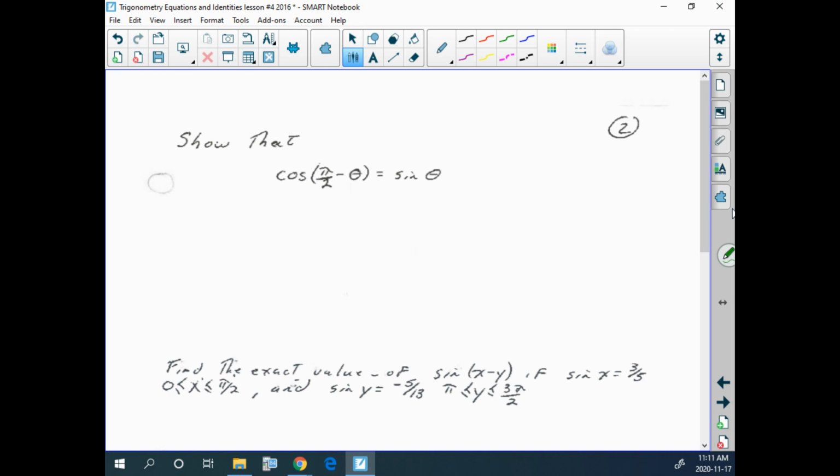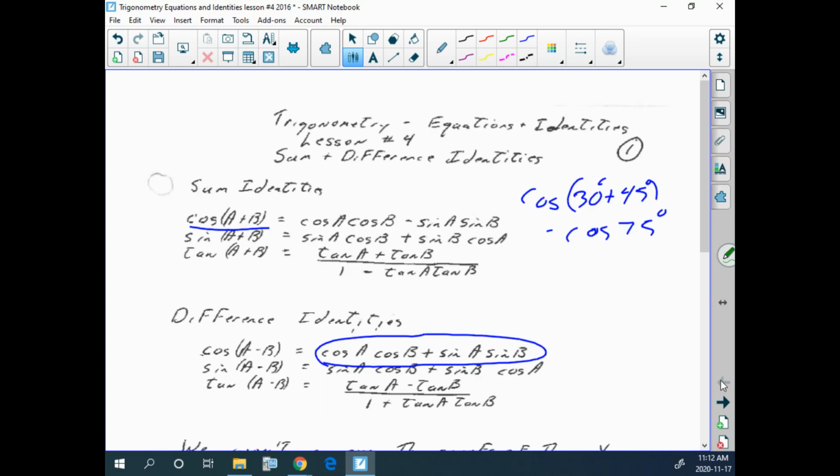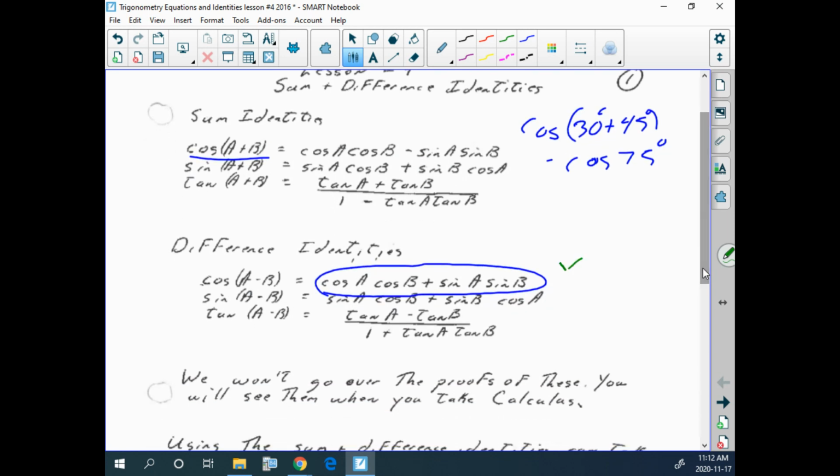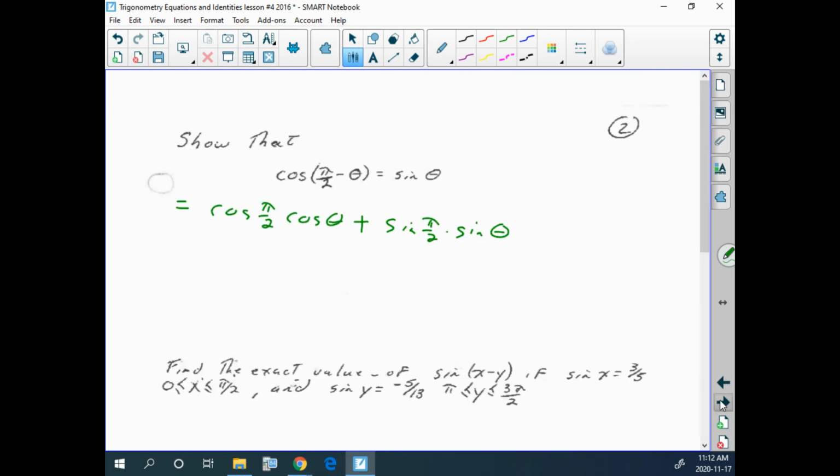So here we're going to use the difference identity for cos, which we just used. So this is going to be equal to cosine pi over 2 cosine theta plus sine pi over 2 times sine theta. So again, going back to our difference identities for cosine, A is your pi over 2 and B is your theta.